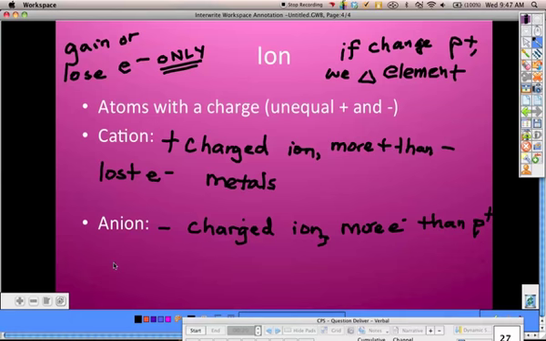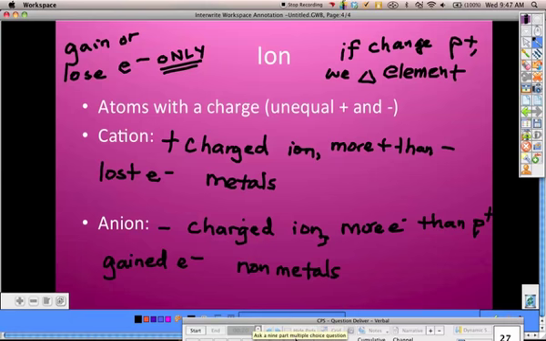Which means it has gained electrons. And these are my nonmetals, the little part of the periodic table to the right of the staircase until you get to the noble gases, which are really stable and don't want to accept or lose electrons.